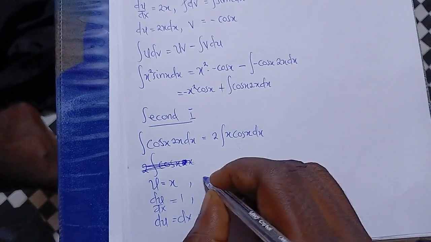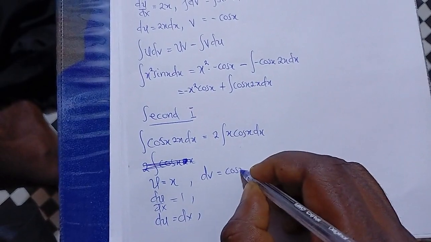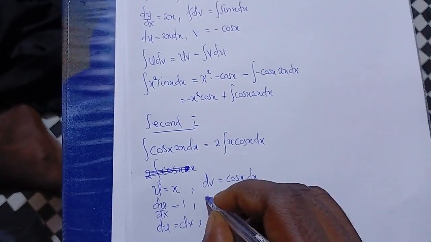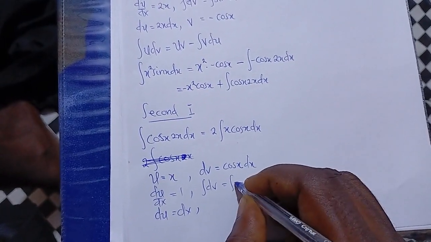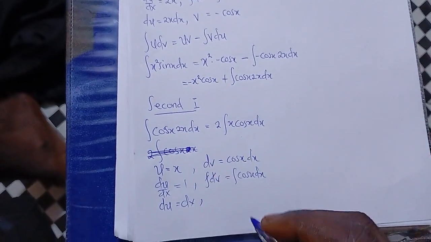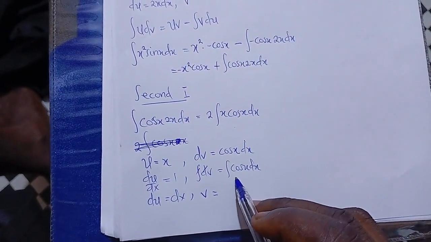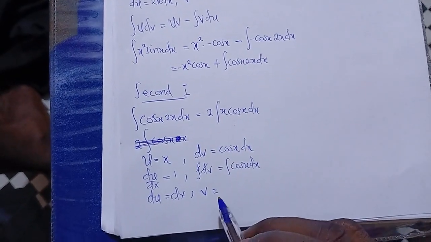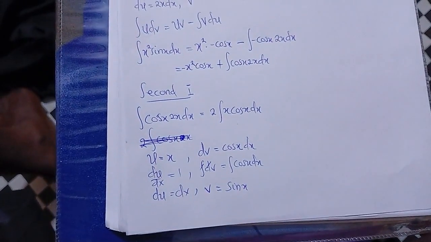The rest will be equal to dv, so the rest is cos x dx. I'm going to take the integral of both sides. The d will cancel the integral, then this side will have a v. If you integrate cos x, you are going to get positive sine x.